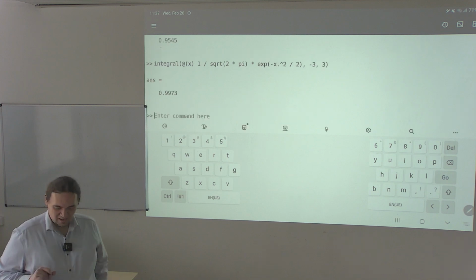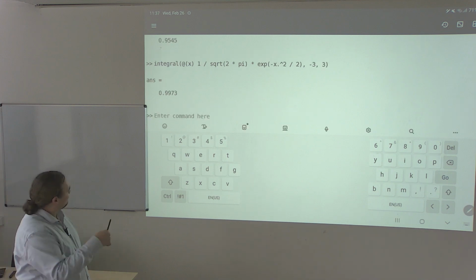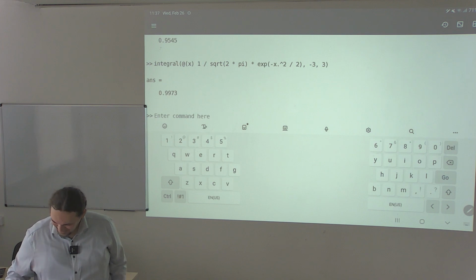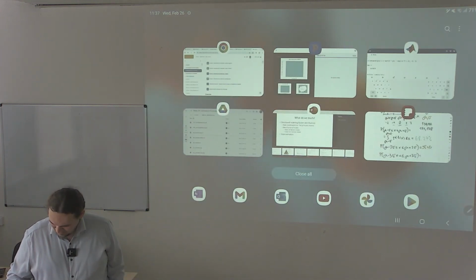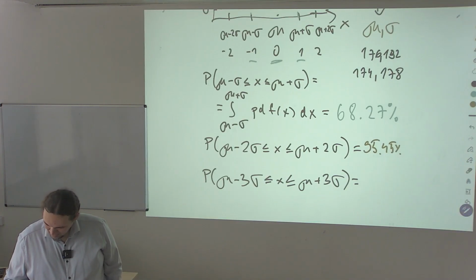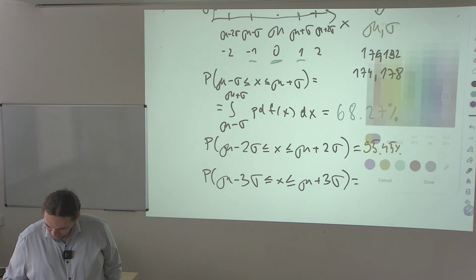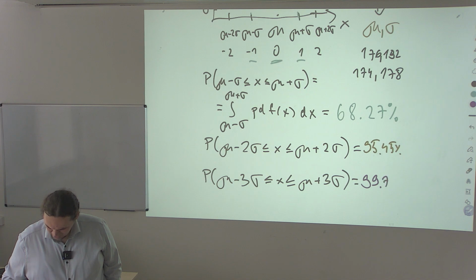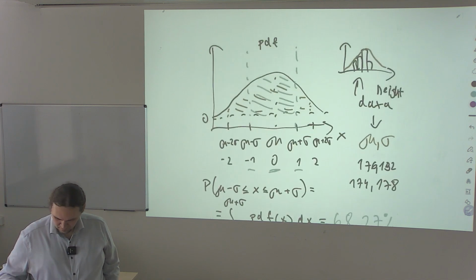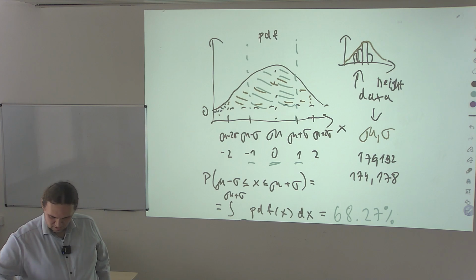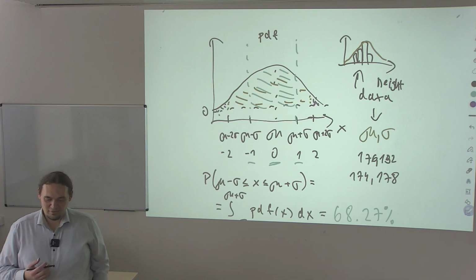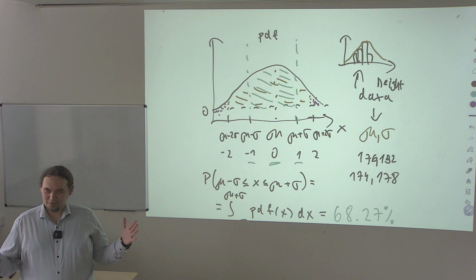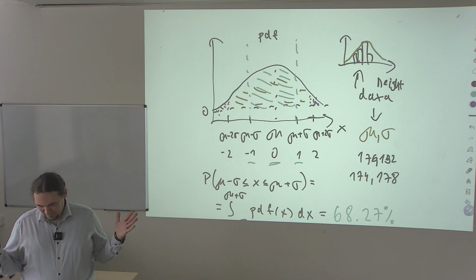Somewhere between 99 and 98. Let's say this color. 99.73, something like that. That's almost everything.